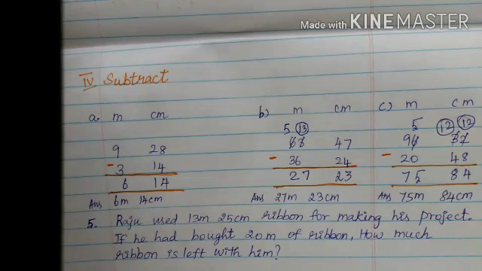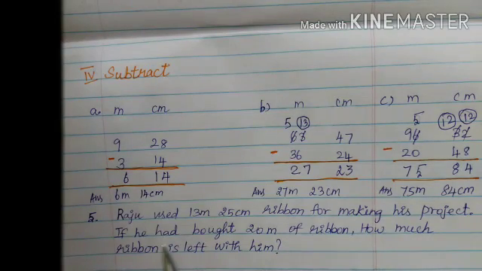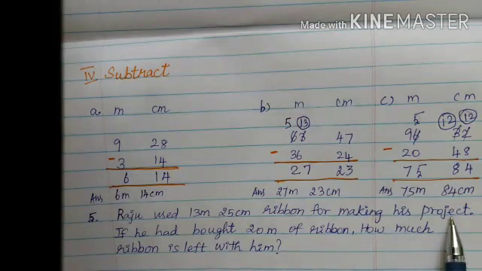In this one, the first Roman letter, second Roman letter, then the third one is addition, the fourth one is subtraction, then the last one is word problem. So the fifth one, sum. Raju used 13 meter 25 centimeter of ribbon for making his project. If he had bought 20 meter of ribbon, how much ribbon is left with him? Asking the question here.